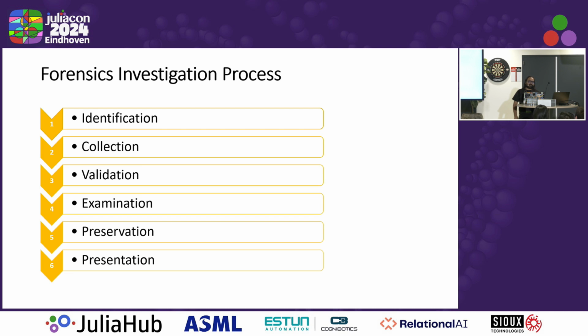Now, every forensic investigation process has these 6 steps. The first one is identification, then collection, validation, examination, preservation, and presentation. In the first step, the identification stage, investigation officers visit the crime location and entirely seal it.